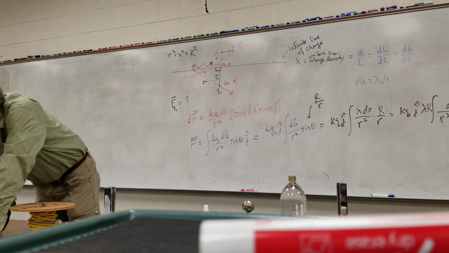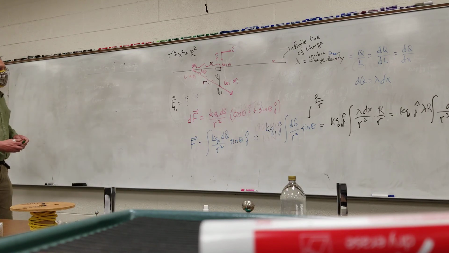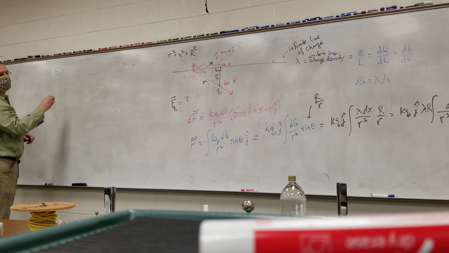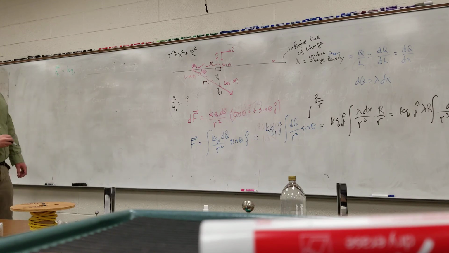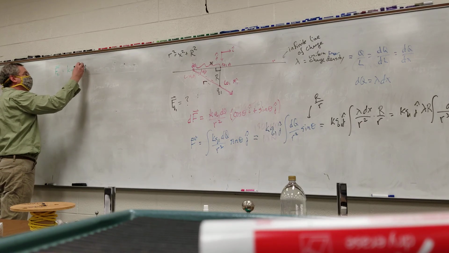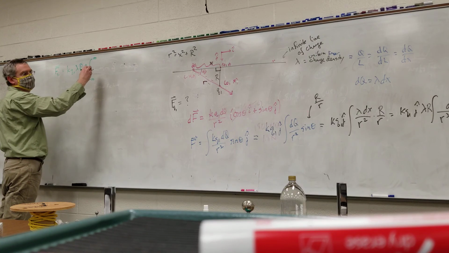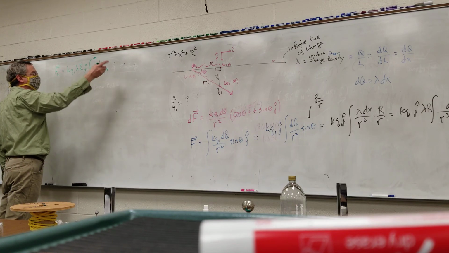So my force on Q1 is KQ1 lambda R J hat times the integral from negative infinity to infinity of dx over x squared plus r squared to the 3 halves, just rewriting what is written over there.